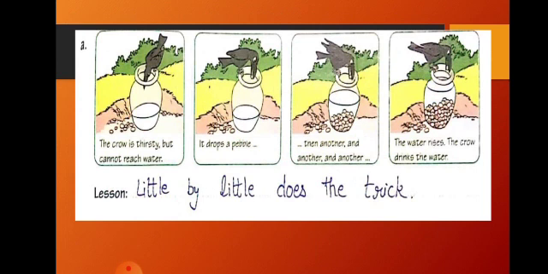Okay, so the first picture A is of the thirsty crow. The crow is thirsty and it is not able to drink water.